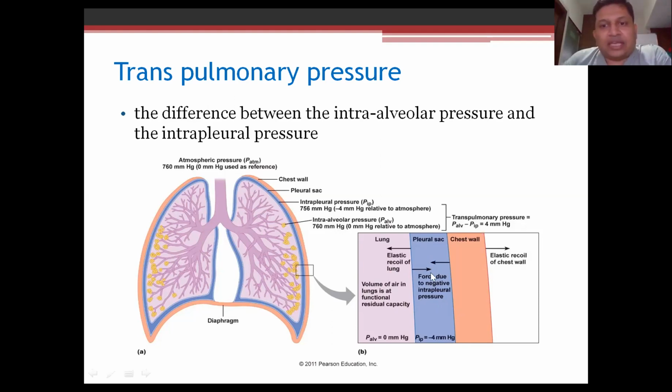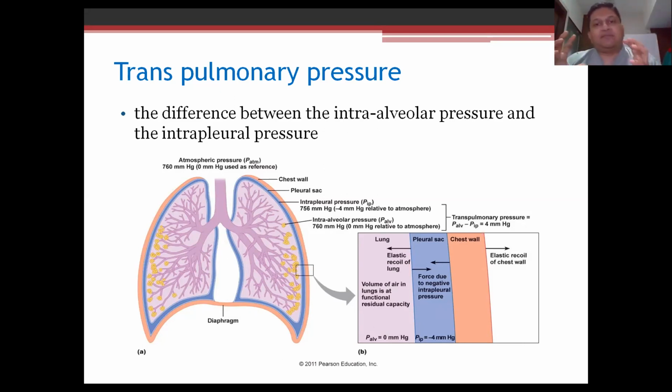As we know that the pleural sac always has negative pressure, the transpulmonary pressure will always be positive, because it is this minus this. If the alveolar pressure is 0 and intrapleural pressure is -4, the transpulmonary pressure will be +4.